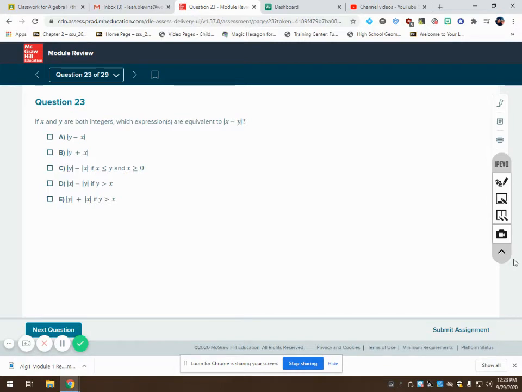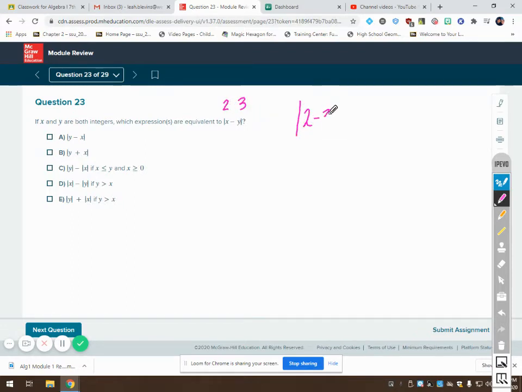So I'm just going to pick some numbers where x is smaller than y and see which one's true. So x is 2, y is 3. The absolute value of 2 minus 3 would be negative 1. Absolute value is just saying how far away from 0 is negative 1. Well, it's only 1 unit away. So the answer is 1.